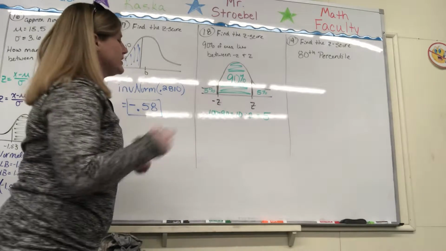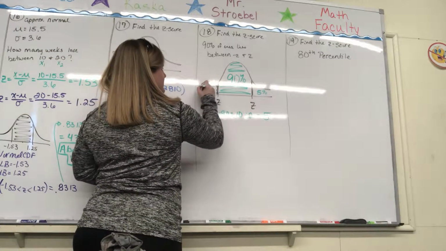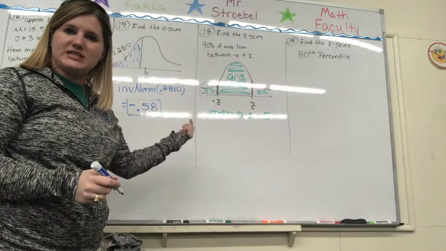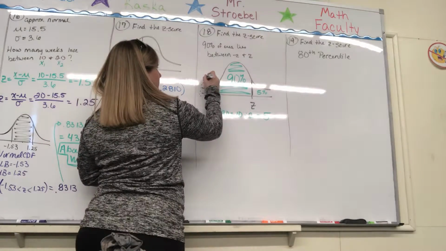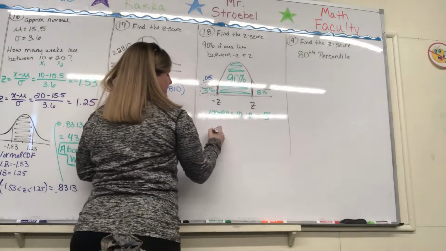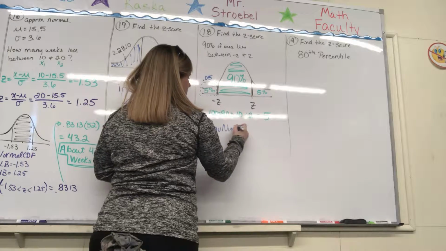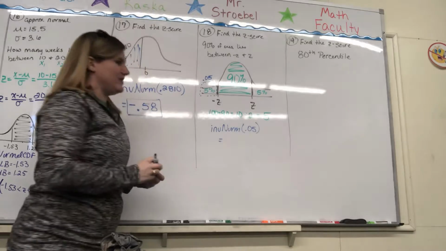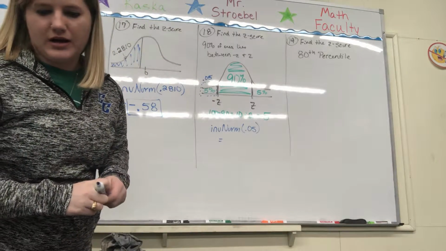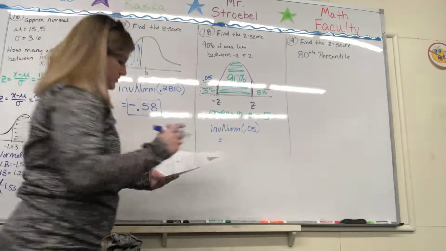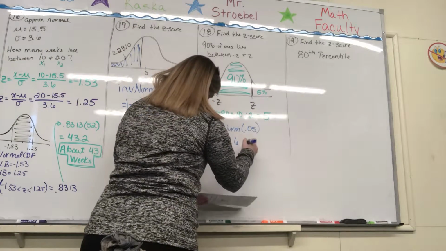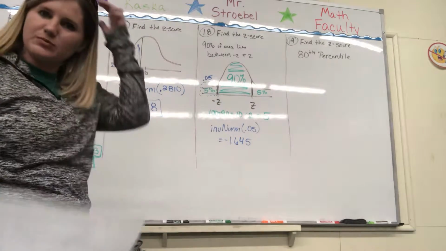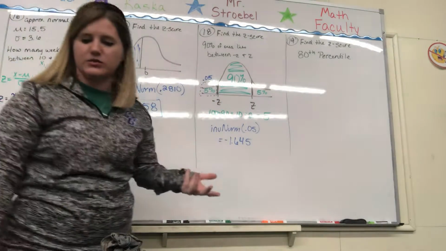Okay, so now that we know the area to the left of a z-score, whenever we plug in an area, it always needs to be a decimal. So this is going to be 0.05. We go to our inverse norm, 0.05. That gives us a z-score of negative 1.645, and you'll notice on this question it is multiple choice, and it actually has these z-scores.